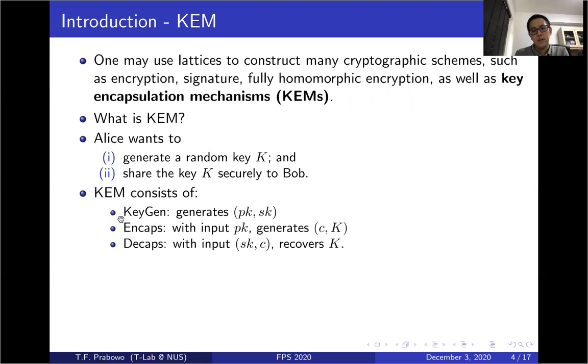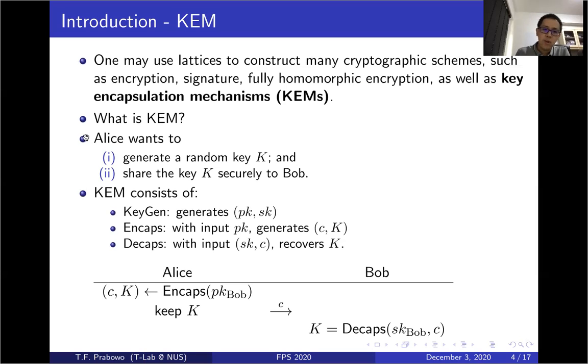First one is key generation, which generates the public key and secret key pair for all users. Then encapsulation, with input public key, generates a ciphertext C and a key K. Then we have decapsulation, where given input secret key and ciphertext, it recovers K back, where K is the one generated by the encapsulation algorithm.